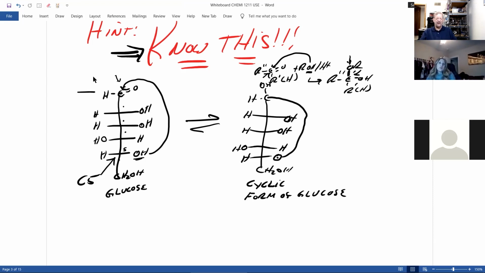We have an aldehyde on top, alcohol at carbon 5. Just like this alcohol attacks this carbonyl, this alcohol attacks this carbonyl. And between this oxygen, you form a bond here, which is this bond right there. And it also has an OH group on there. And that's how you do it.